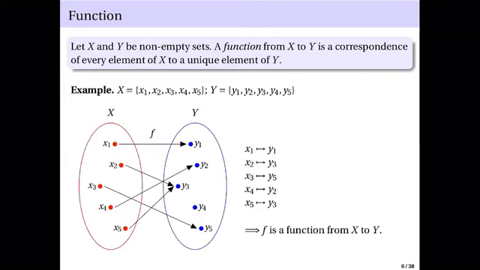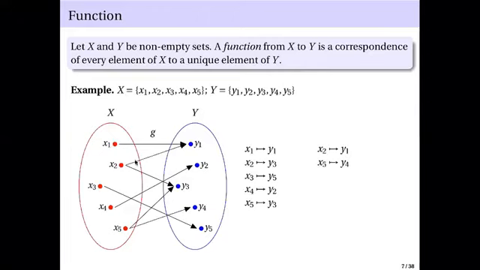It did not tell us that the element of y must have only one partner. We don't care about y here. We only care about x to define a function. So this is a function from x to y.